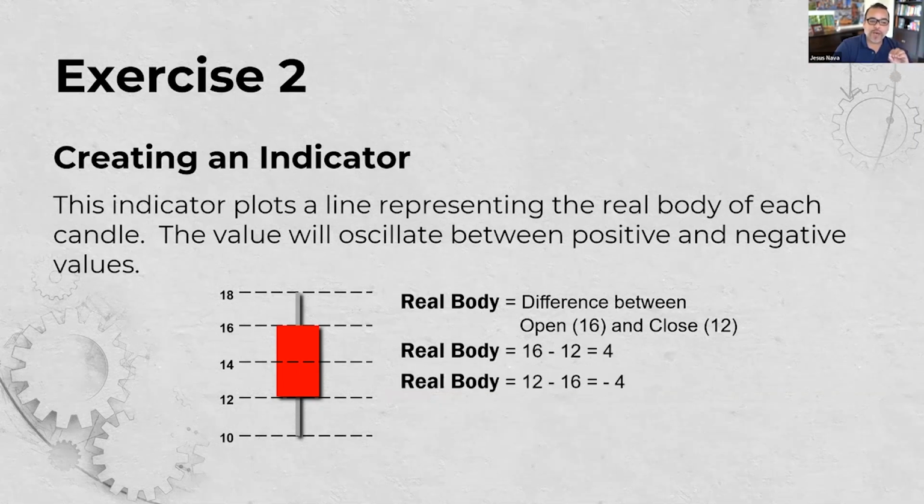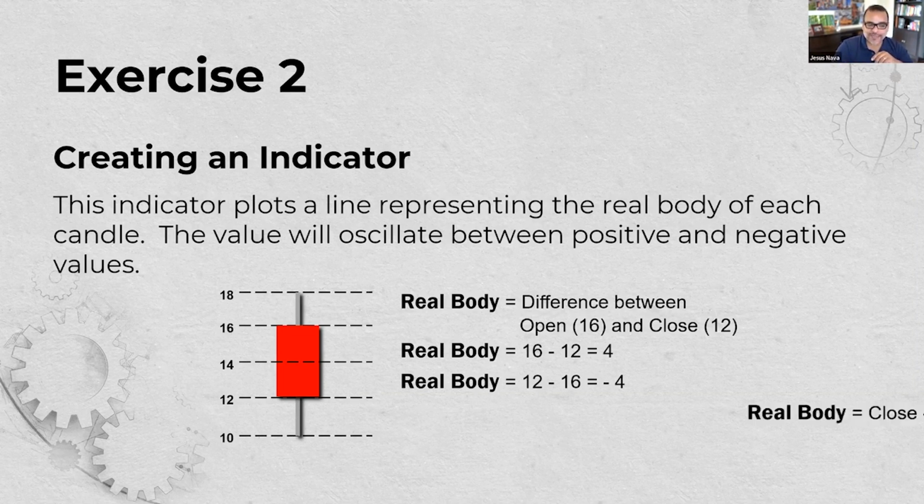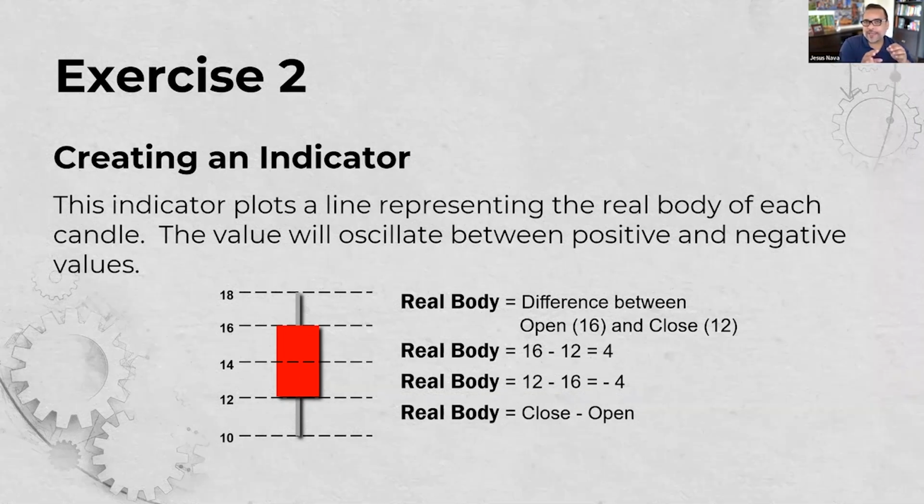However, if we want the real body to be representative of price direction, we have to use close minus the open. If we use close minus the open, we get a negative value. If you use open minus the close, we get a positive value.